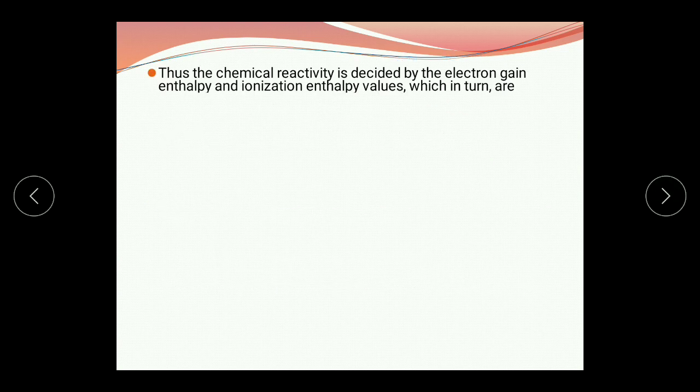Now, chemical reactivity is decided by two enthalpy values. Which are those? The electron gain enthalpy value and the ionization enthalpy value. These two values depend upon two elemental properties: effective nuclear charge and atomic size.